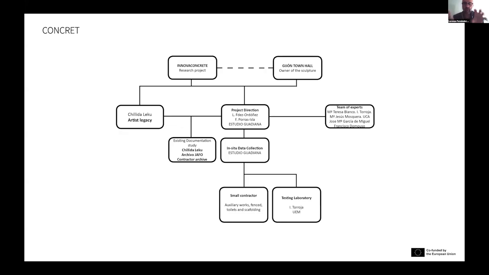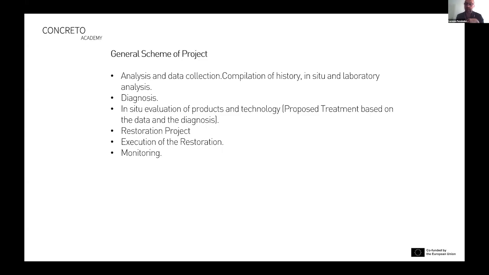Okay, so the first step was, after we had all the historical information, we started the in situ collection. So we have to hire a contractor to take the samples, to do the drillings, and then take that to the Torroja Institute. This is a general scheme of how you do this.